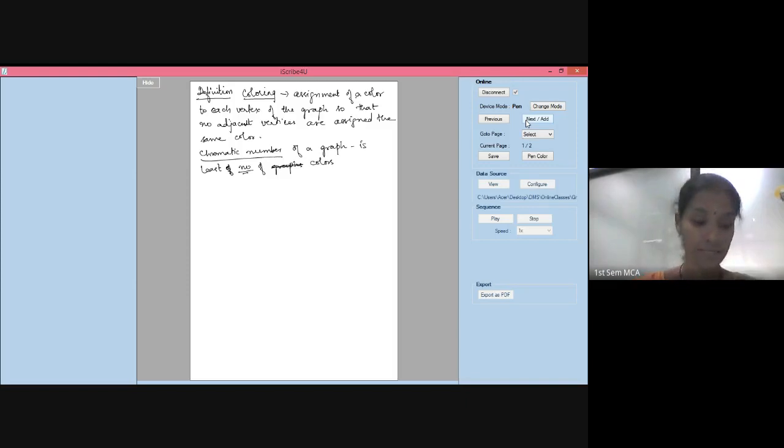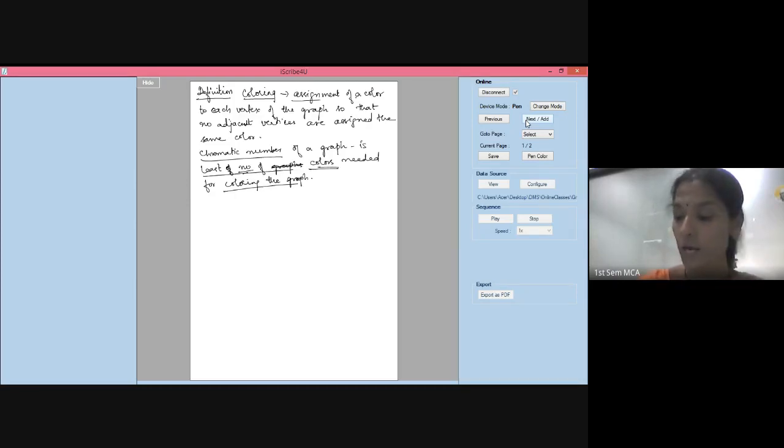They will give you a graph and ask you to find the chromatic number of the graph. Chromatic number is the minimum number of colors that you need in order to color that particular graph.